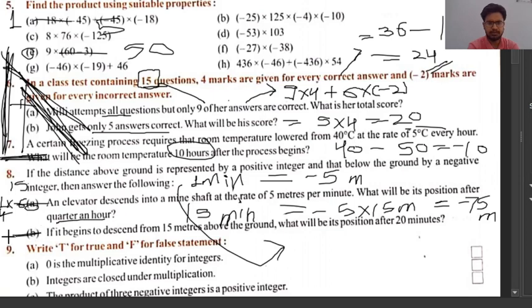I am doing this question. Okay, in 1 minute it moves 5 meters in the downward direction. In 20 minutes it moves more. How much more?